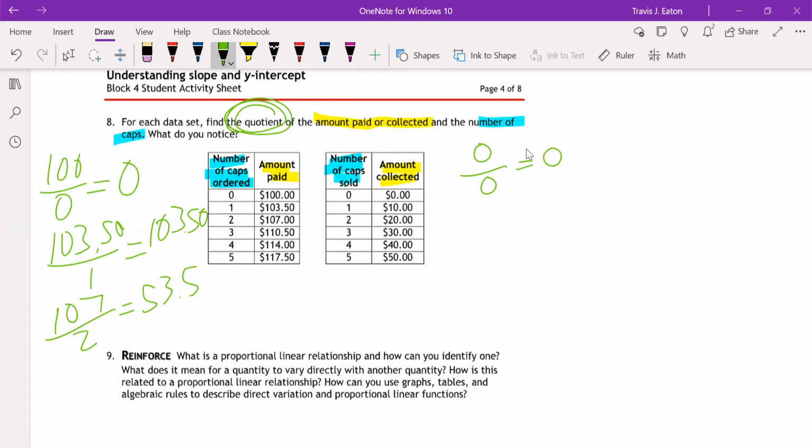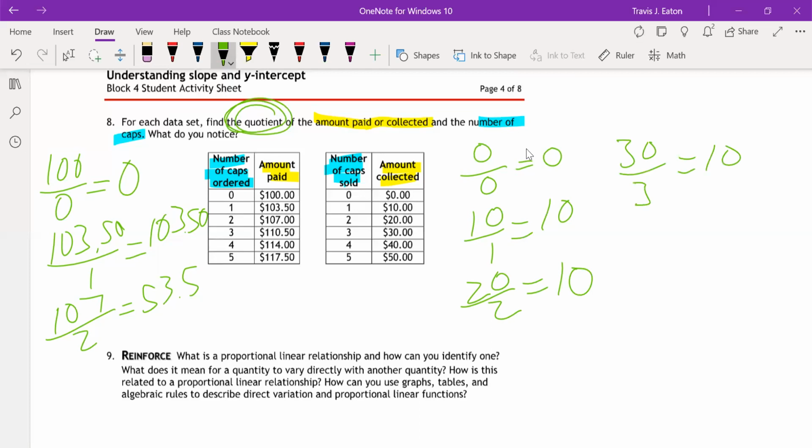How about 10 divided by 1? That's 10, right? 20 divided by 2 is 10. 30 divided by 3 is 10.